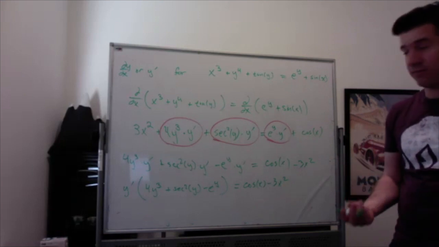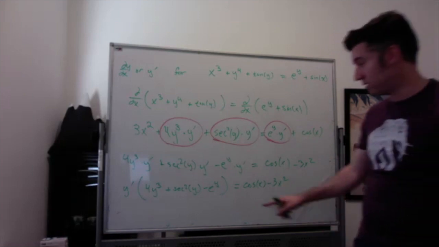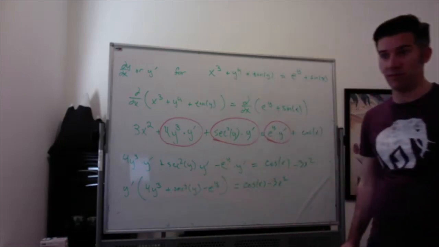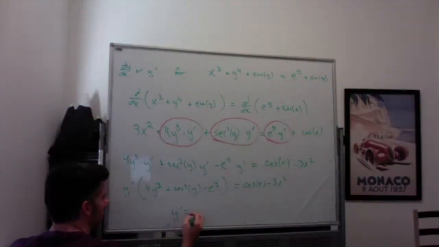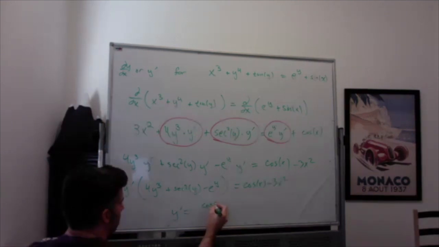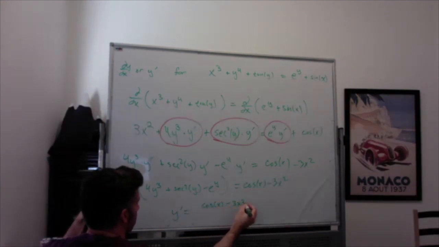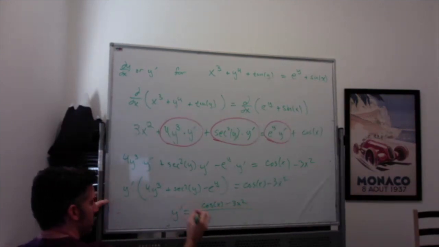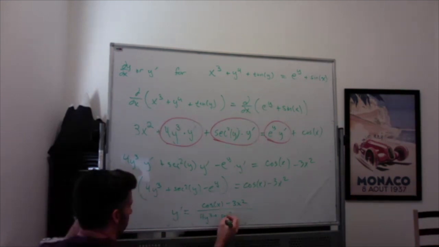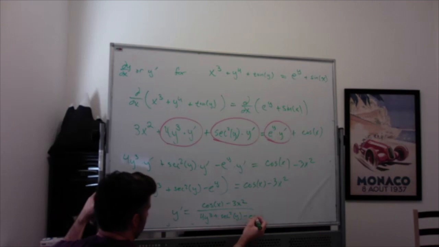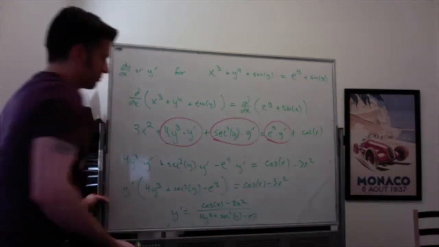Finally, the last step to solve for y prime is to divide by all of this that's multiplying y prime. So y prime is going to equal cosine of x minus 3x squared, divided by all of this: 4y cubed plus secant squared of y minus e to the y. And that's our answer.